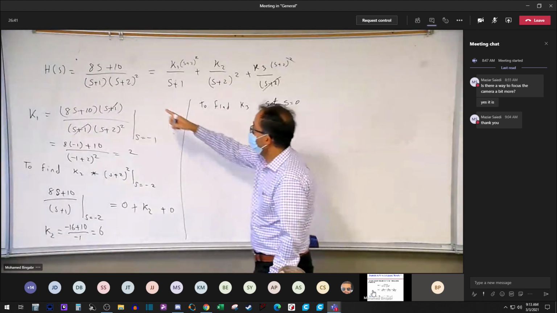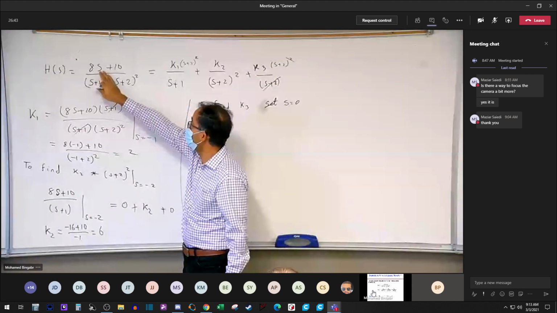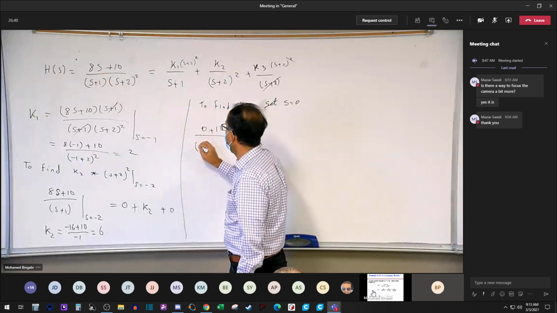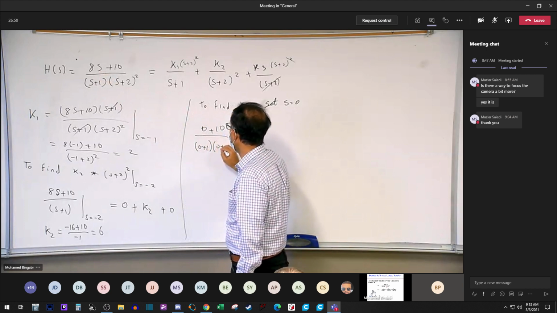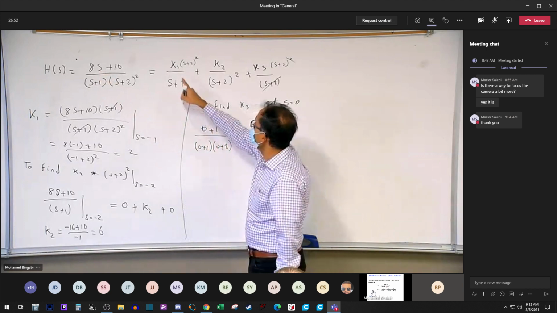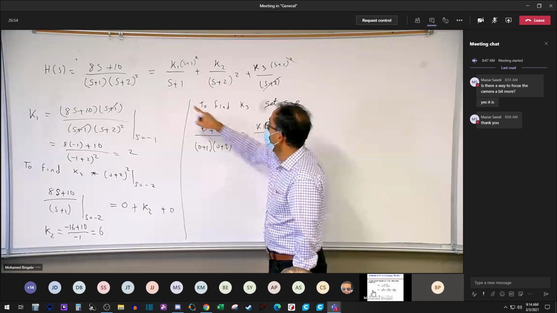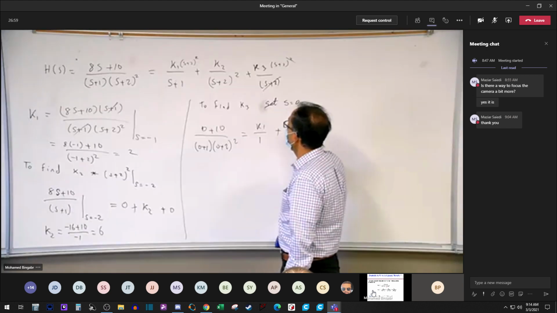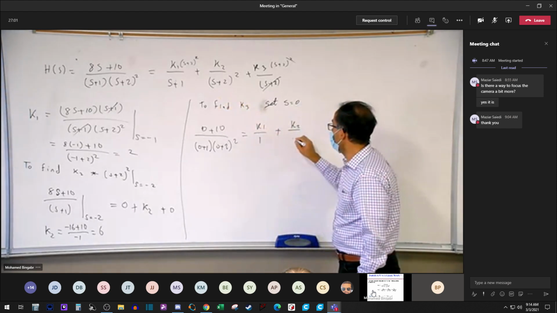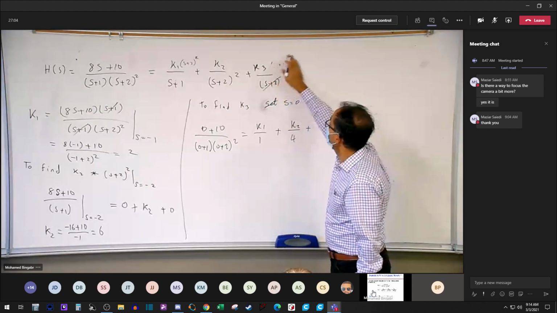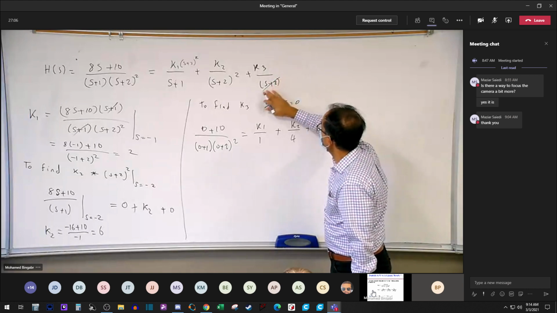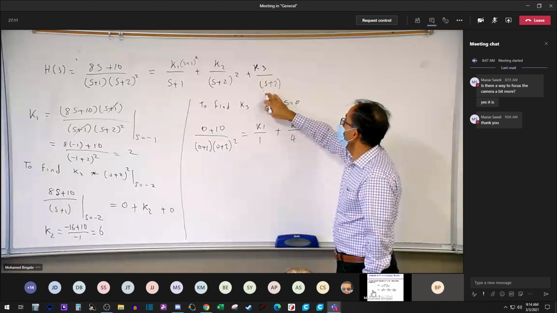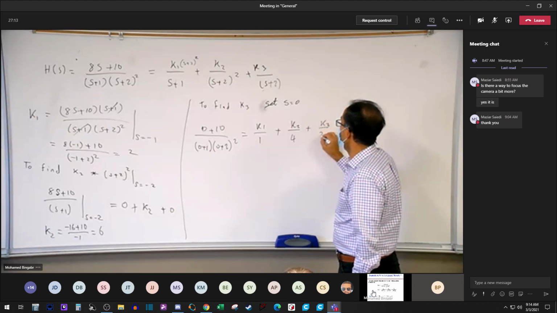Here, plug in s equals 0: that will be 0 plus 10 over (0 plus 1)(0 plus 2) squared, equals K1 over 0 plus 1, that's 1, plus K2 over (0 plus 2) squared, that's 4, plus K3 over s plus 2, the original, at 0, that will be K3 over 2.